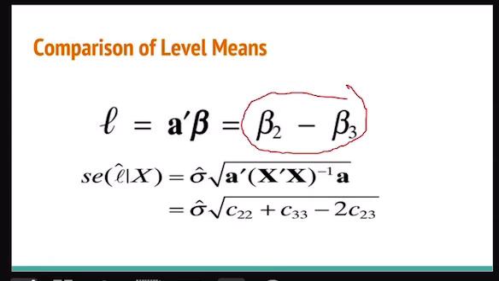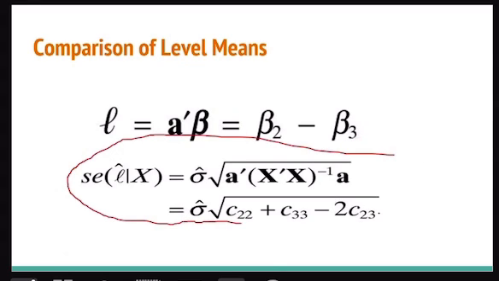Please pay attention. Okay, I'm actually going to use this, which we call the standard error of that comparison. And let me tell you, the sigma hat is the residual standard error.